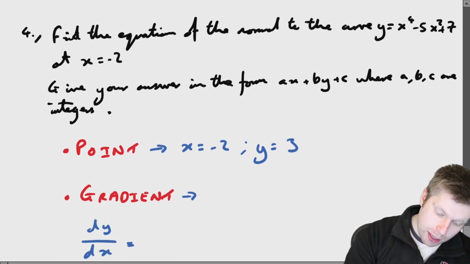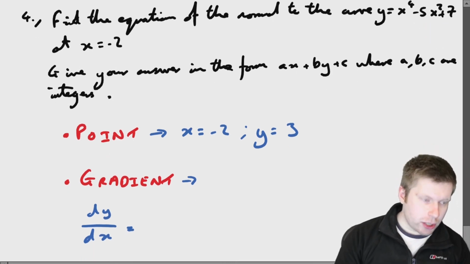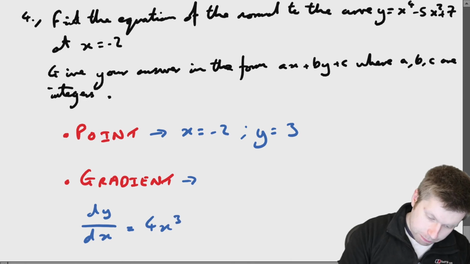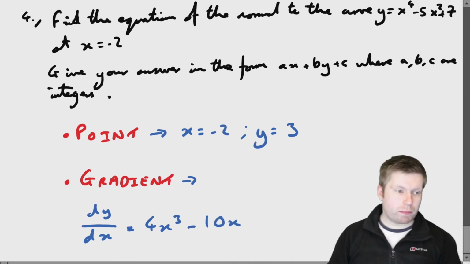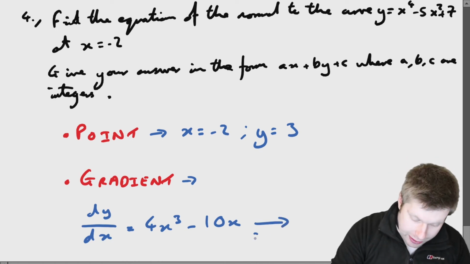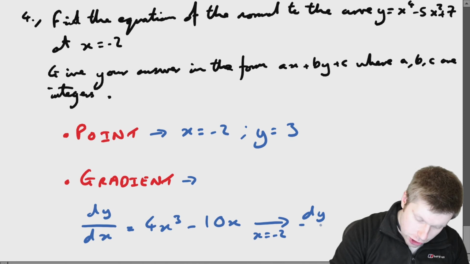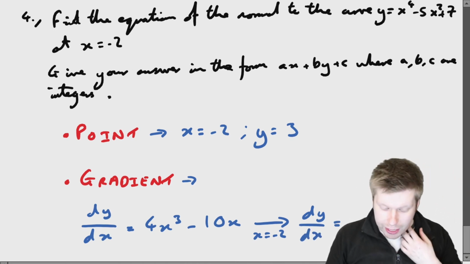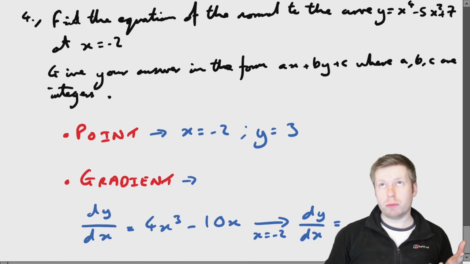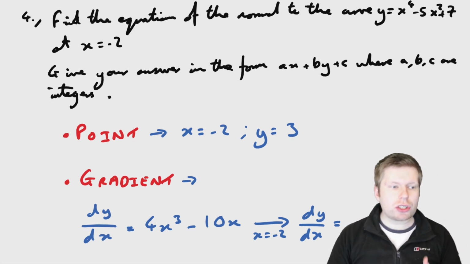So if I differentiate my x to the power 4 minus 5x squared plus 7, I should end up with 4x to the power 3 minus 10x, like so. And if I stick in the point x equals -2, I find that the gradient of my tangent line at x equals -2 should be given as, well, 4 times -2 cubed, that is -32, plus 20.